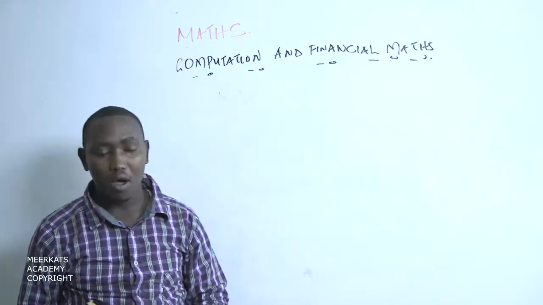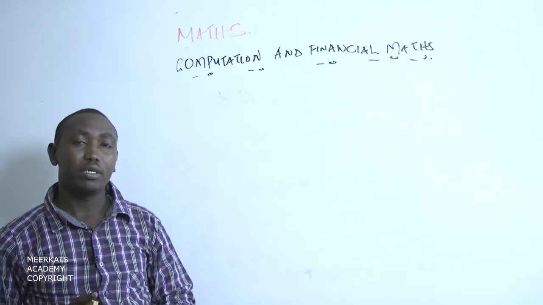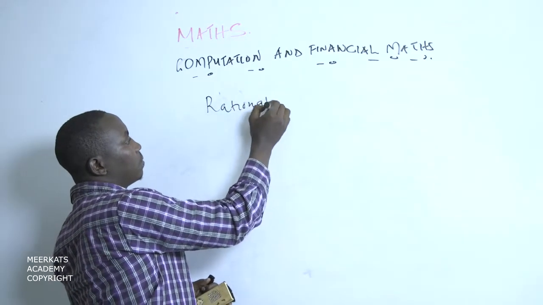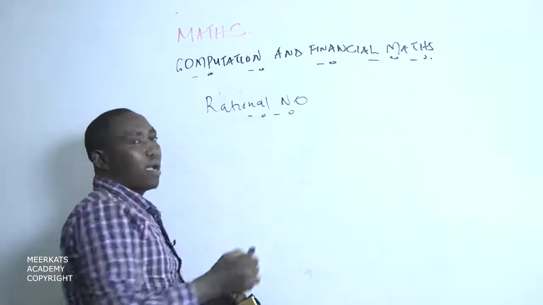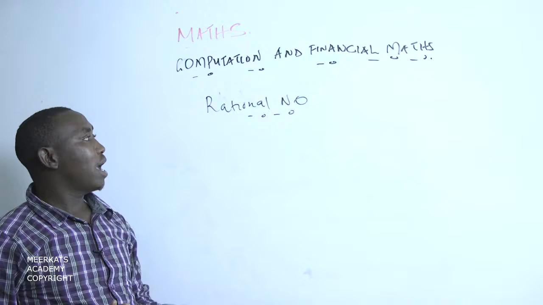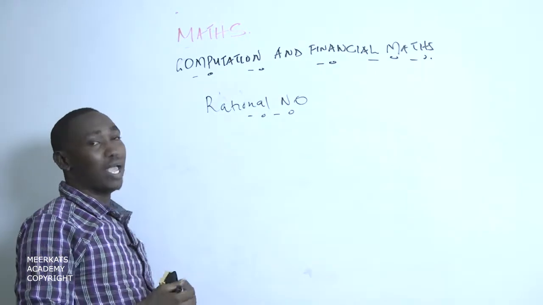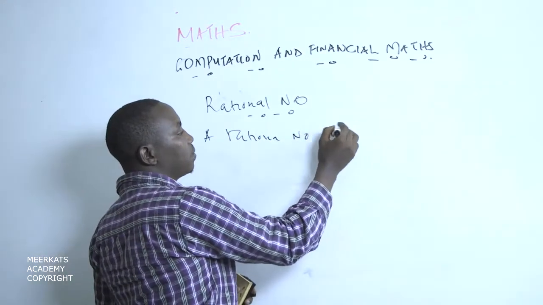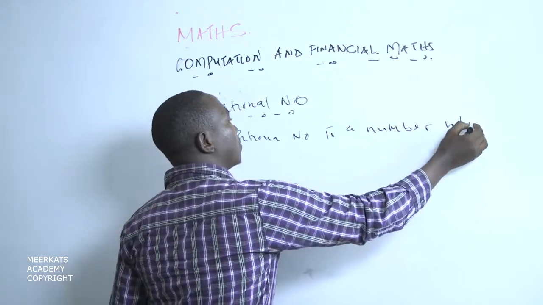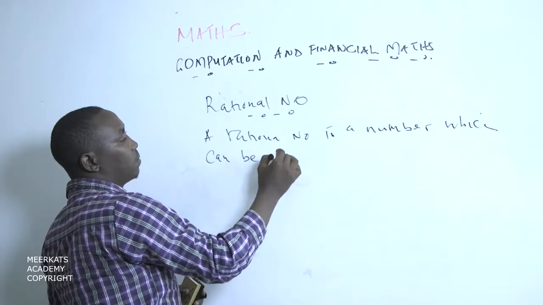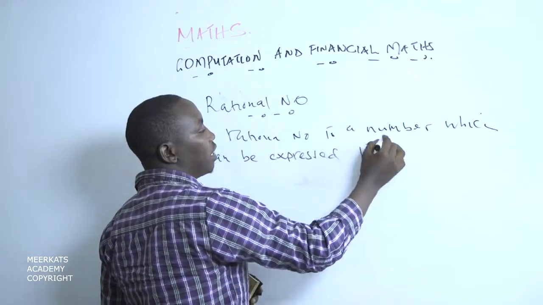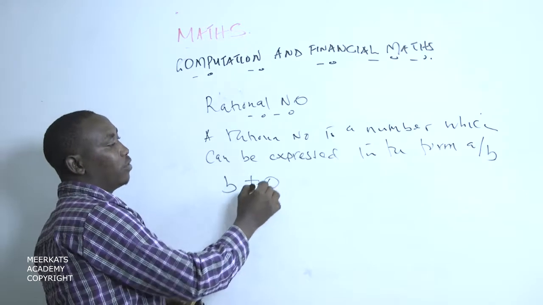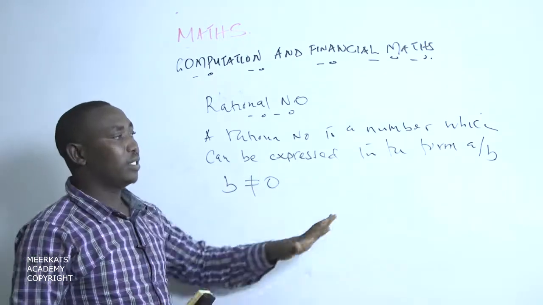Another aspect I would like to review is on rational numbers. A rational number is a number which can be expressed in the form a over b, or as a fraction, so long as b is not equal to zero.